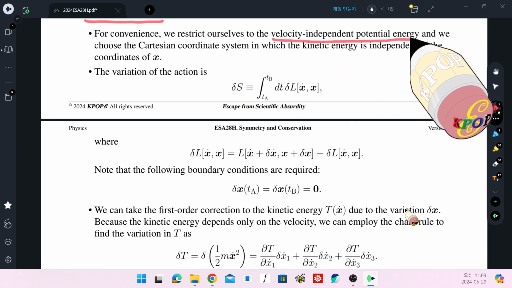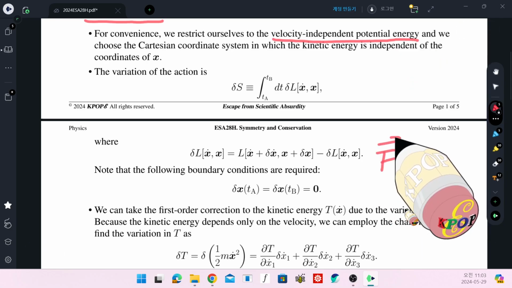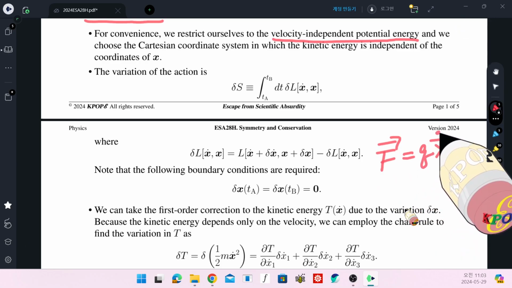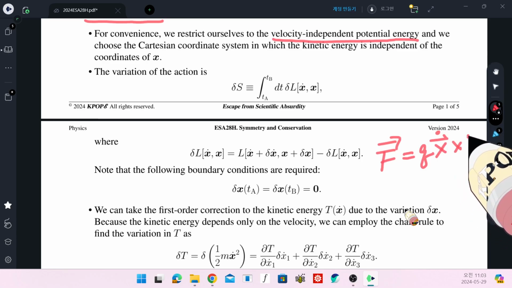In fact, if we consider the electromagnetic case, a magnetic force forces the potential energy to be dependent of the velocity, because the Lorentz force is electric charge, velocity, cross product with the magnetic field.